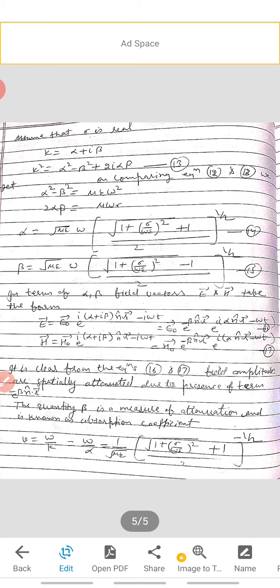Similarly, we get H is equal to H naught e power minus beta n cap dot r into e power iota alpha n cap dot r minus omega t.